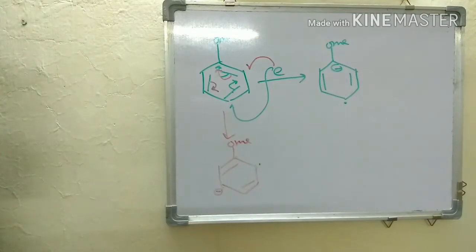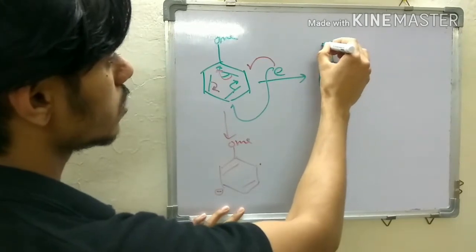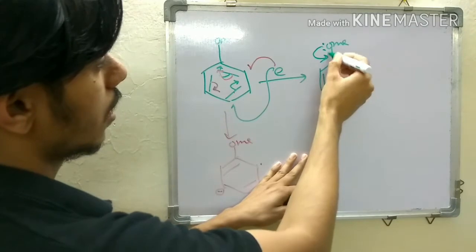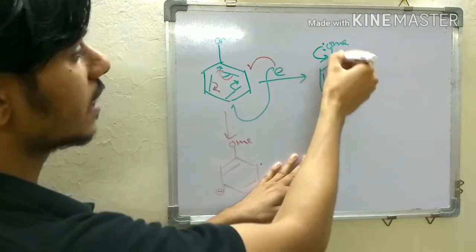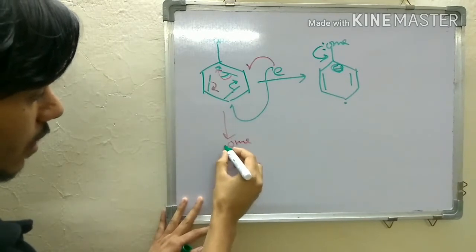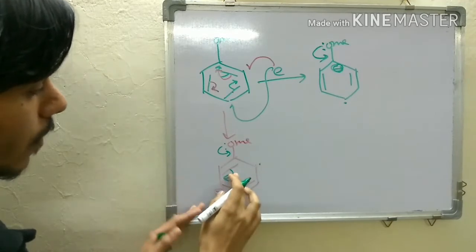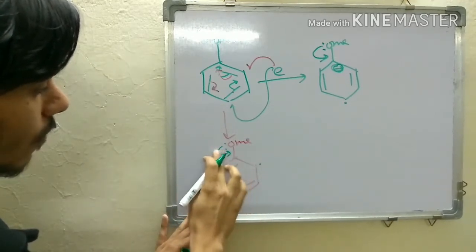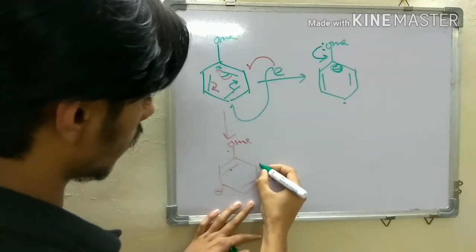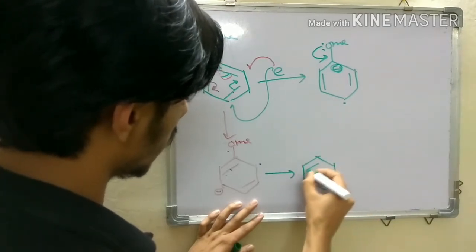You can clearly see that due to the presence of this oxygen lone pair, this negative charge will be destabilized, because it faces direct repulsion from the oxygen lone pair, whereas in this case the negative charge cannot have this type of interaction, right? And that's why this will be formed first, then it will get protonated like the previous one.